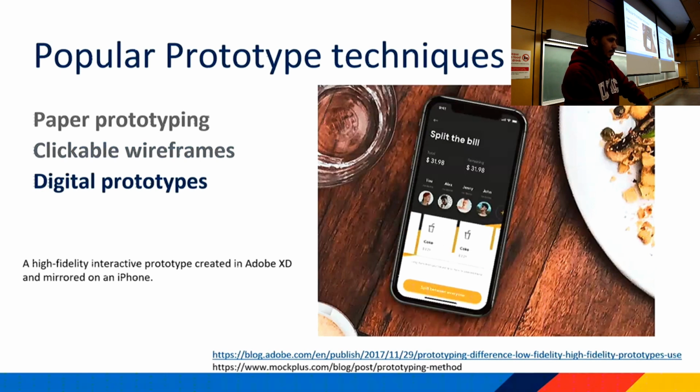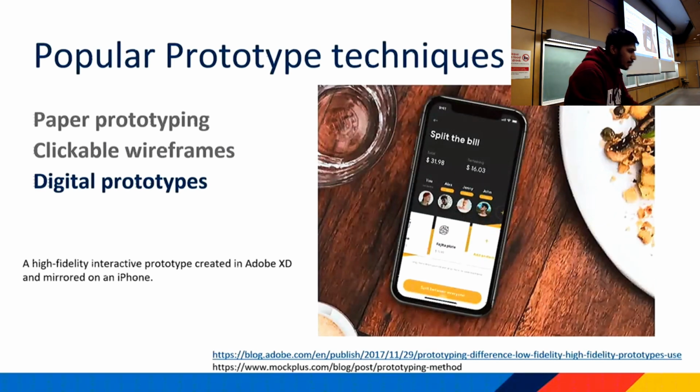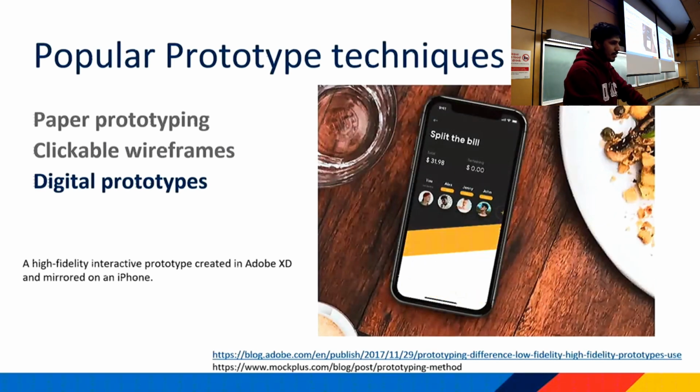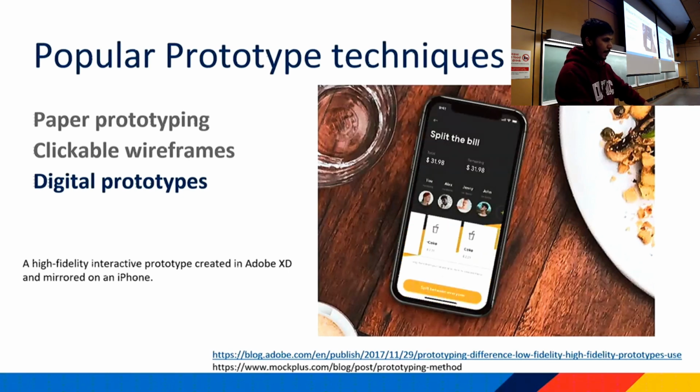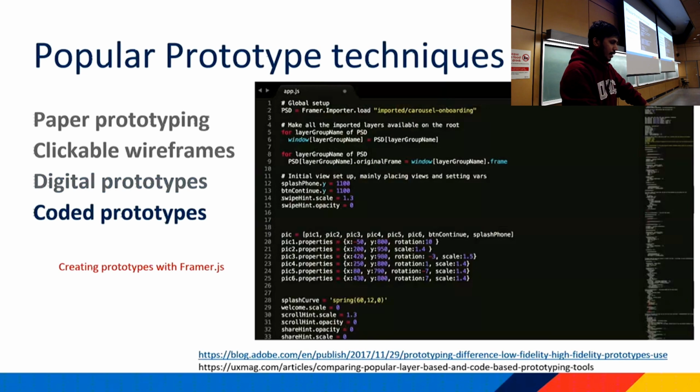Then comes the digital prototype. Here is an example of a digital prototype. Maybe this is a restaurant billing system, and you can split all the bills among your friends. And there is another thing called a coded prototype.